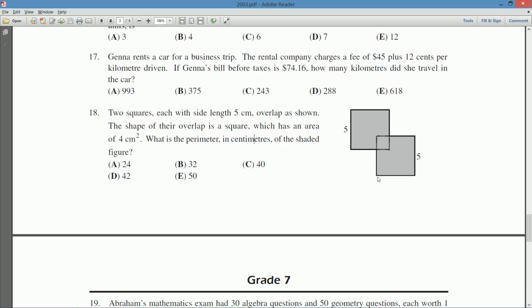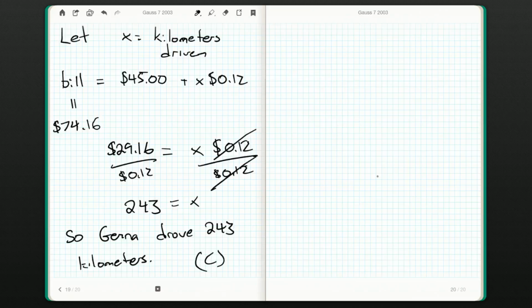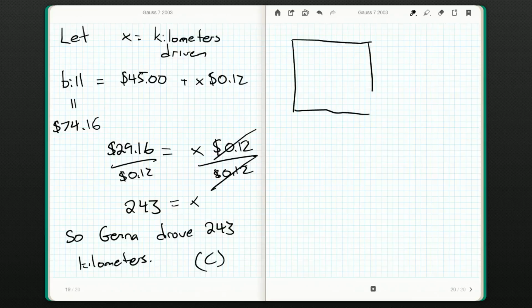Well, let's redraw our picture so that we can maybe scuff it up with some math. It's very likely that my squares won't be identical, but I'll do my best. That's not bad.